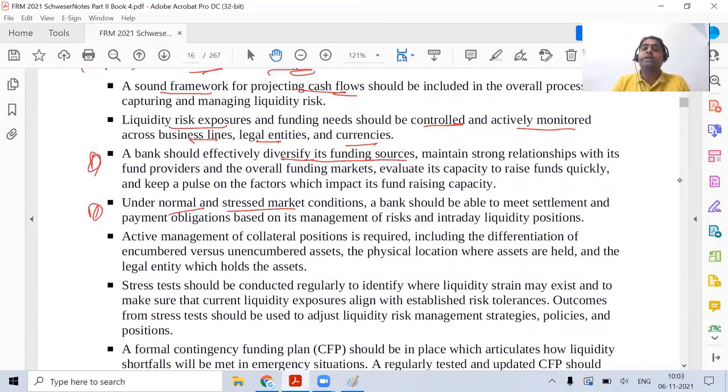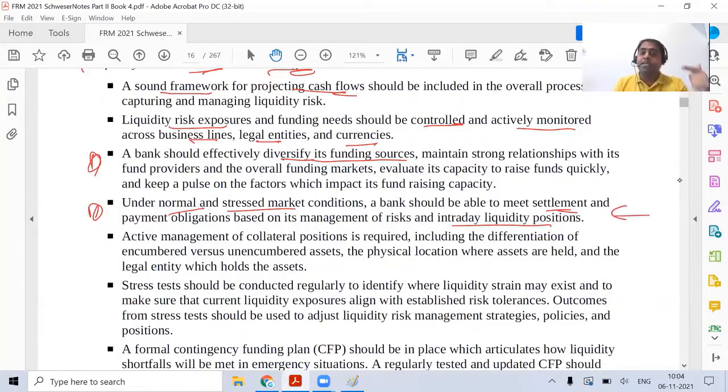Apart from that, you have taken positions in the market where you might get margin calls, so you have to manage that margin call also. So intraday liquidity is that concept, and settlement is where you have already entered into a long-term contract where the settlement or the clearing is going to happen, and you are supposed to pay money. That is being covered over here.